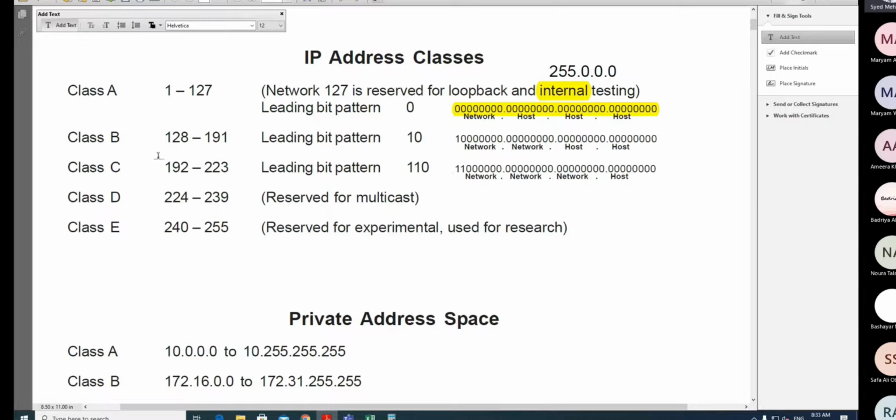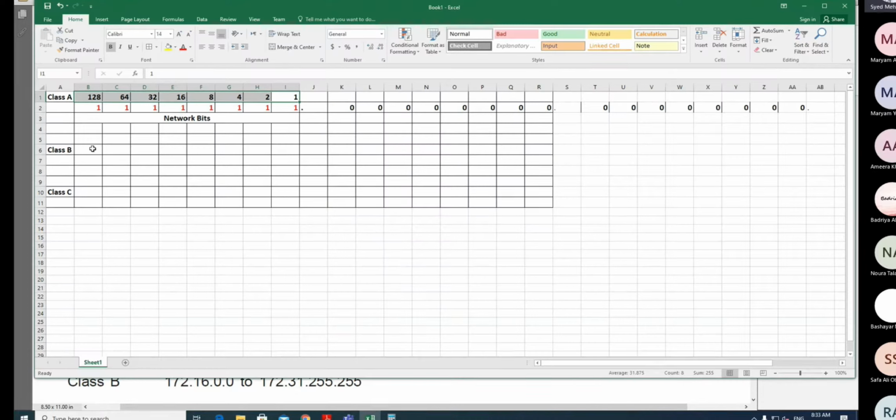for class C. Now let me discuss class B. In class B, how many bits for the network? Sorry, 8 bits. First 8 bits for the network, we will see here 1 2 3 4 5 6 7 8, dot, then 1 2 3 4 5 6 7 and 8.